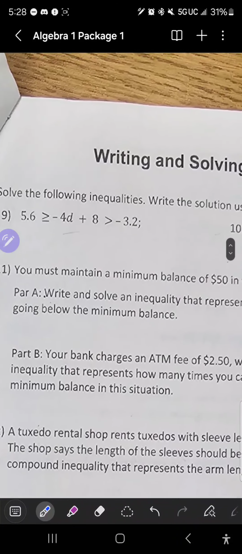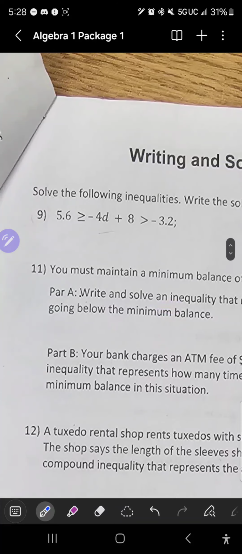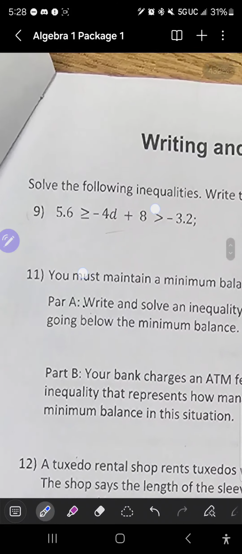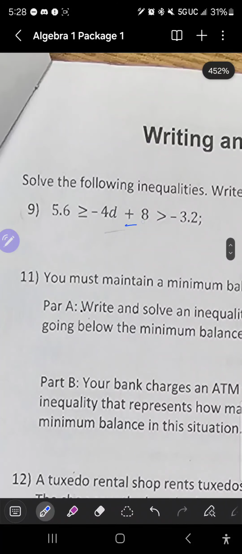So right now we're going to solve it as we did the 6 examples before. First, subtract A from the middle and also from the sides. So negative 8 plus 5.6, or 5.6 minus 8. Basically we're going to subtract the lesser one from the greater one and keep the sign of the greater one.